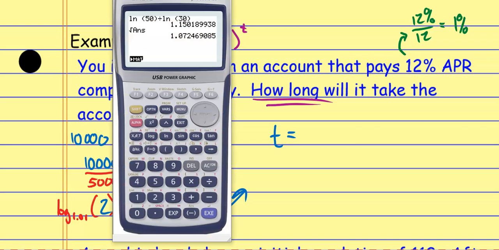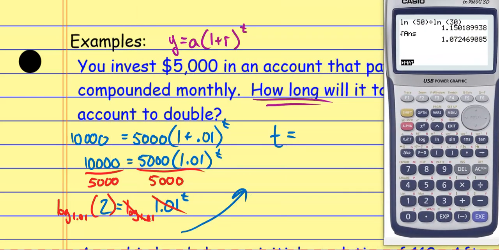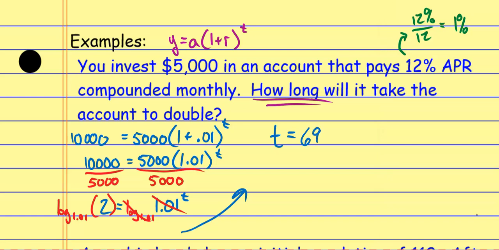This other half, this is once again a job for my calculator. Here we go. To punch that into the calculator, it's the natural log of 2 divided by the natural log of 1.01. And it gives me 69.66. But be careful here. That is what kind of units?